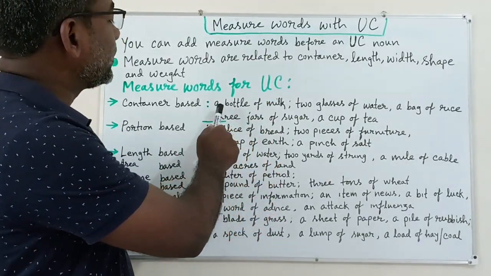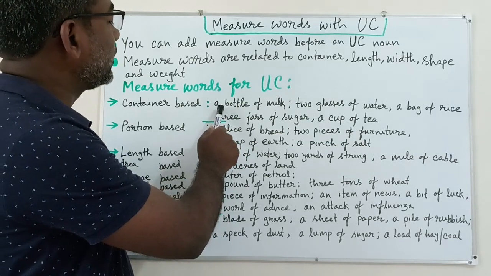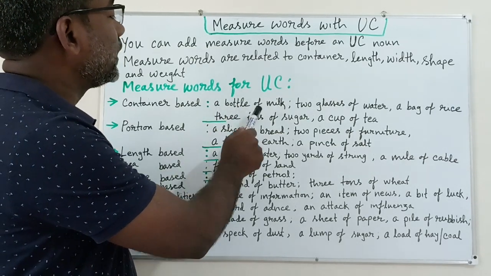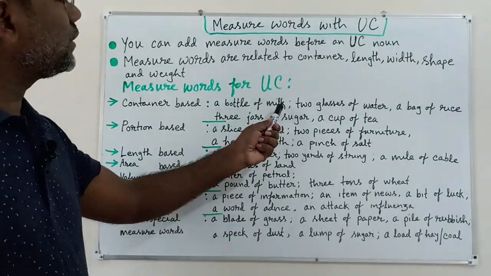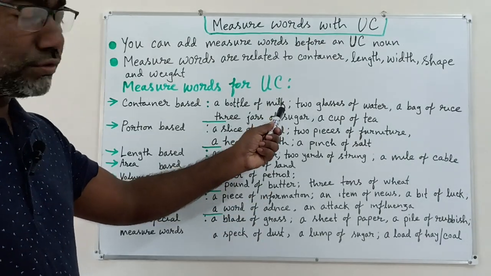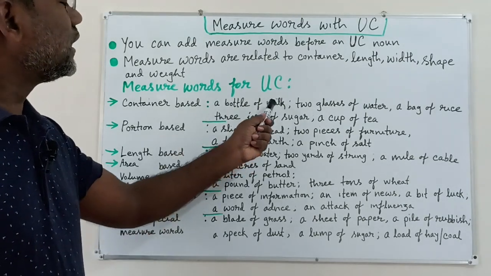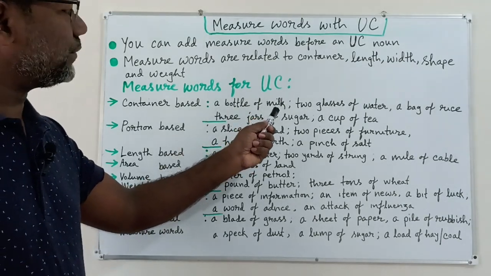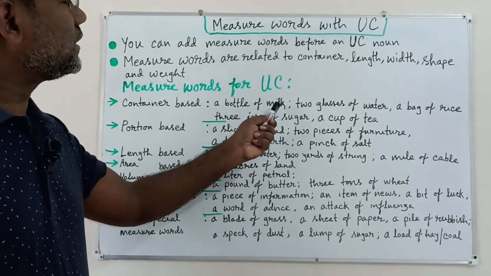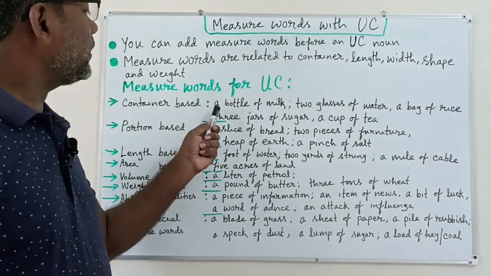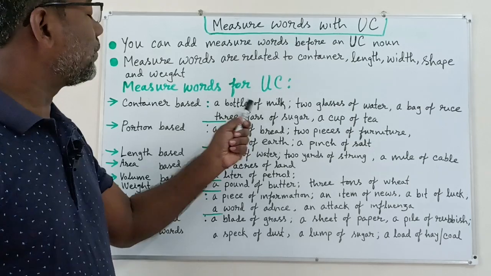In this way, we make a measure word: a bottle of milk. Milk is an uncountable noun. We cannot use a or any numeral or any quantity with milk, but we can use a measure word, a bottle of milk.